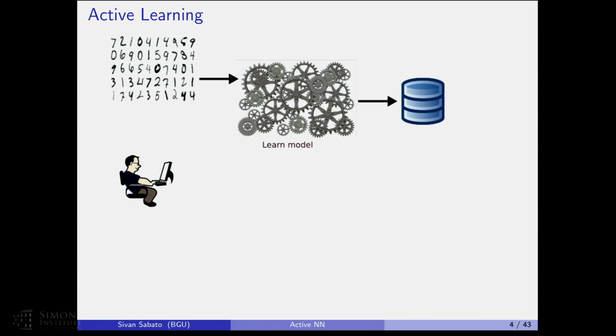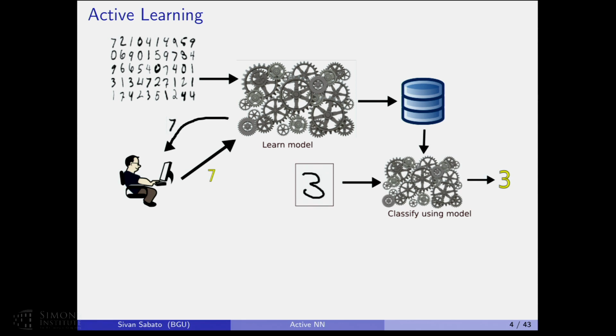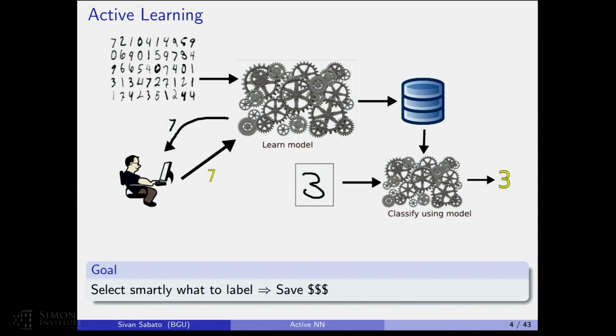So the model gets a set of samples without the labels, and then it can choose some example from here, ask the person or the oracle what the label of this example is, get the label back, etc. And then in the end, we do the classification the same as before, based on the model that we got from this learning process. So the goal is mainly to select smartly which examples to label so that we can save dollars or whatever other resources we pay for getting labels. That's the main goal in active learning.